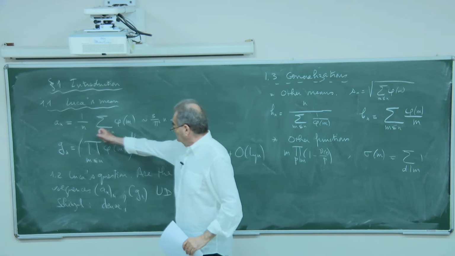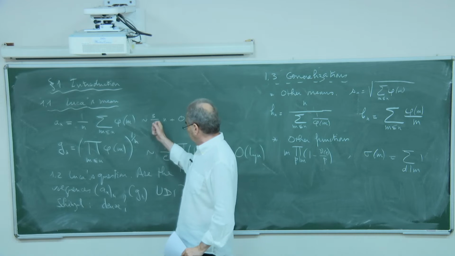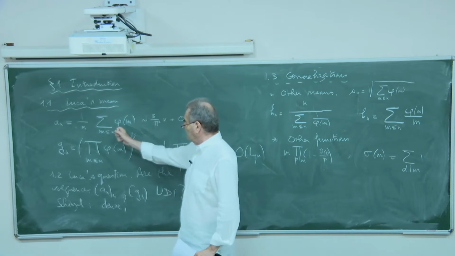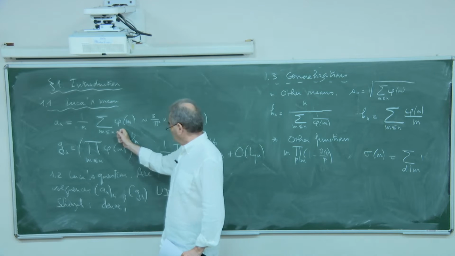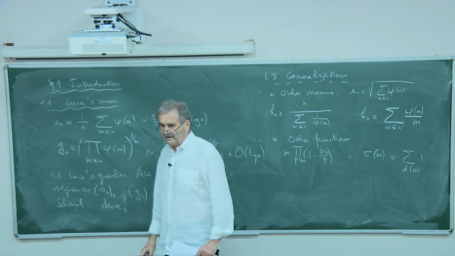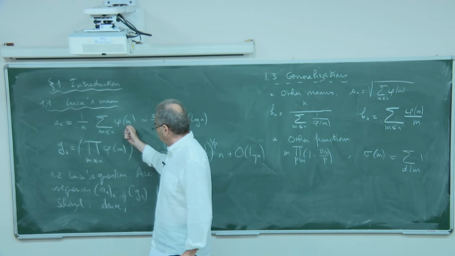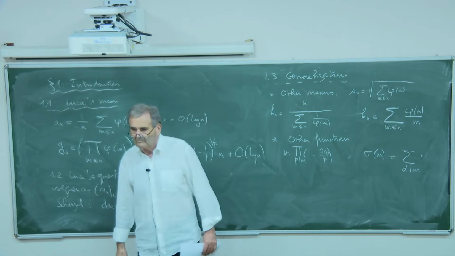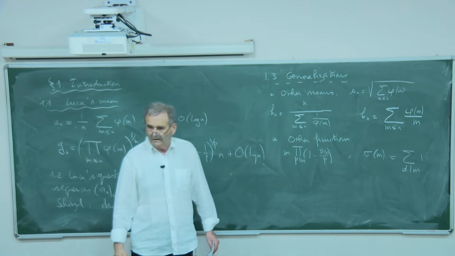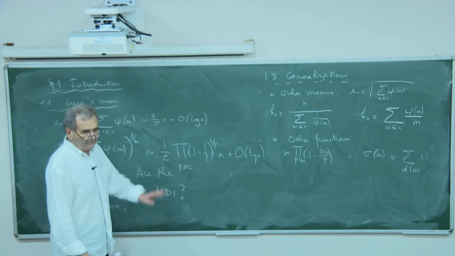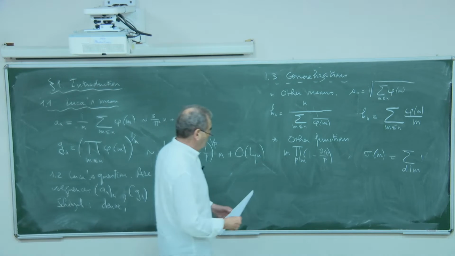You see, this is 3 over pi squared n squared. You get it linear by taking the mean value, and then either you divide by n or you divide something inside by m. It's by summing by parts. It's more or less the same kind of thing.